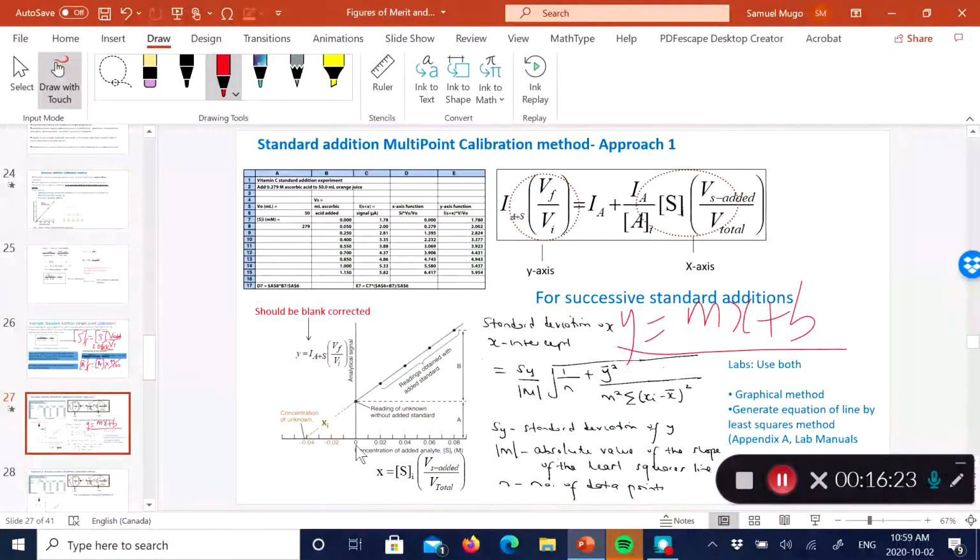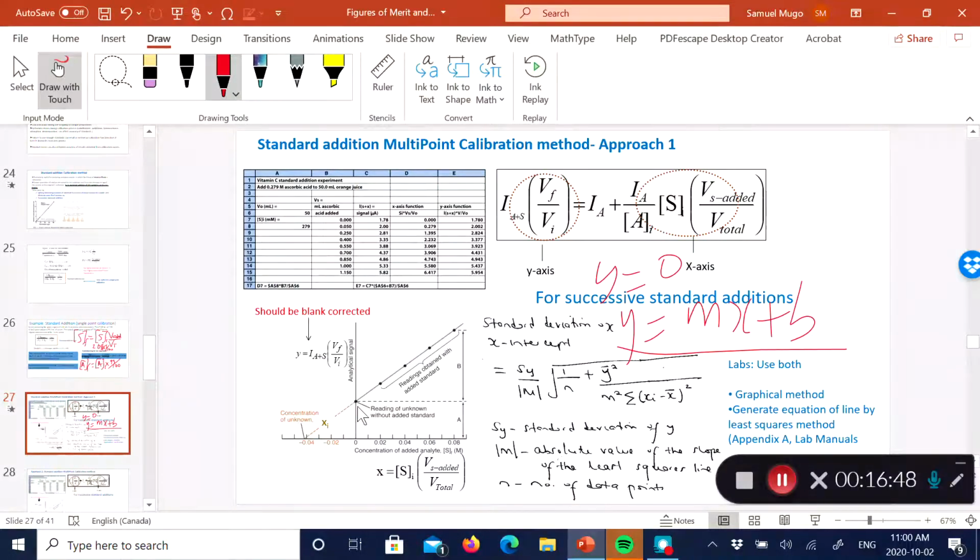Okay, and you would do an extrapolation, where you get y equals 0, so that you can extrapolate this line until it touches the x-axis. And so that intercept here is actually equivalent to the concentration of the unknown.